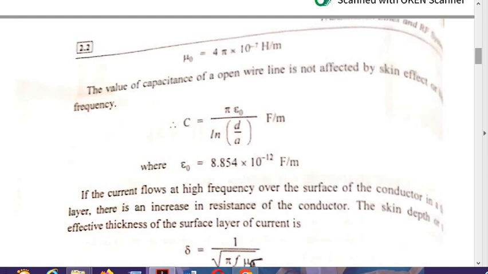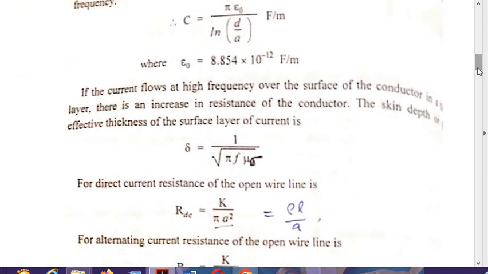If the current flows at high frequencies over the surface of the conductor in a layer, there will be an increase in resistance also. The skin depth, or effective thickness of the surface layer of the current, is given by 1 by root of pi f mu sigma. For direct current, the resistance of the open wire is RDC equal to K by pi A squared.